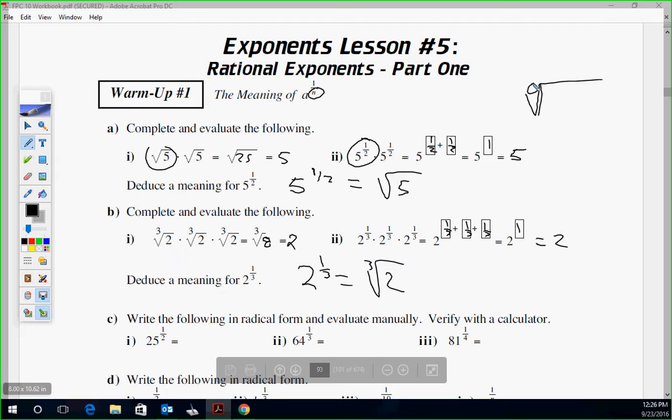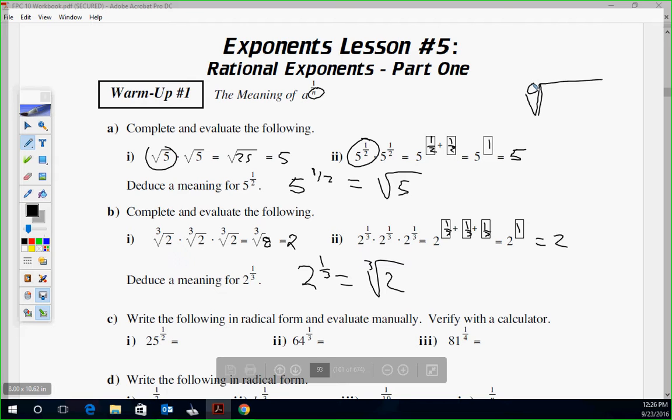So this 1/2 meant square root. 1/3 meant cube root. We'll elaborate on the 1 later. For the beginning, we're just going to make that a 1 for now, but that can be a 2. We'll get to that in a second.